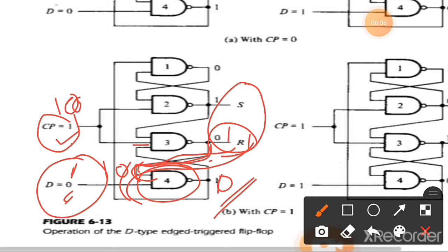Then we know that both S and R become 1, disabling any changes in the output of the flip-flop. And there is a definite time called hold time. Hold time means that the D input must not change after the application of the positive-going transition of the pulse.